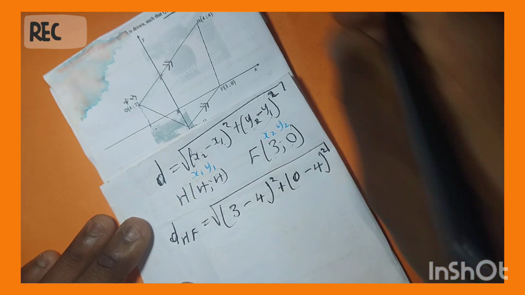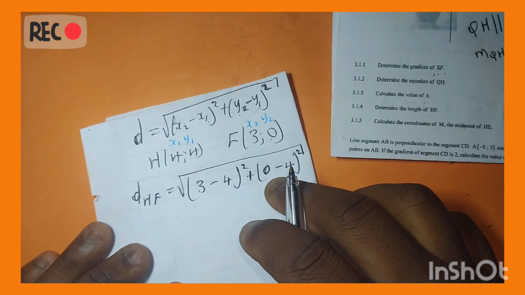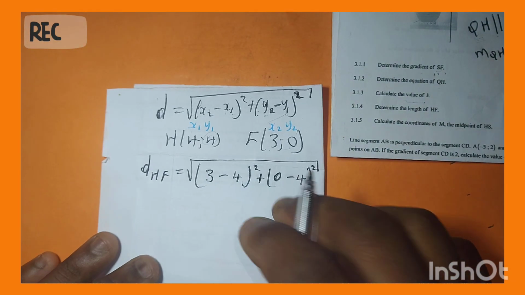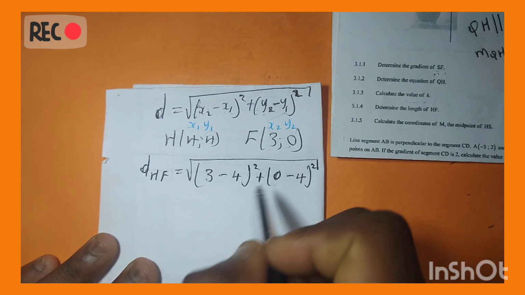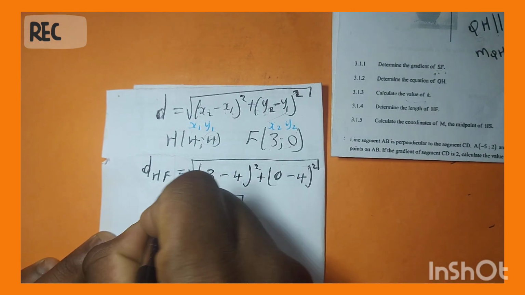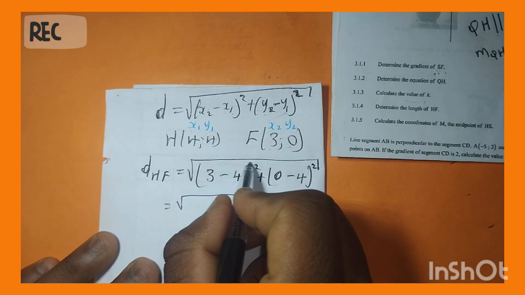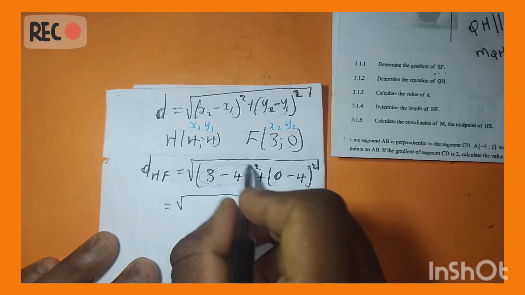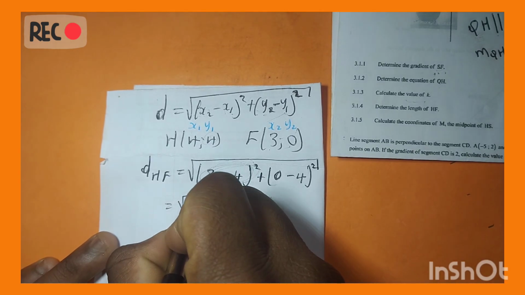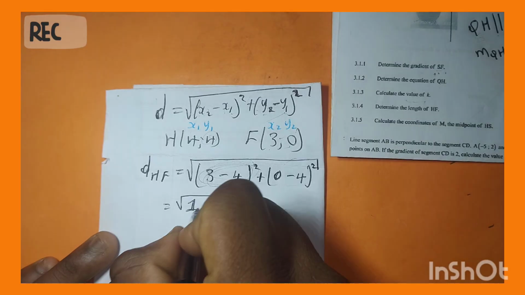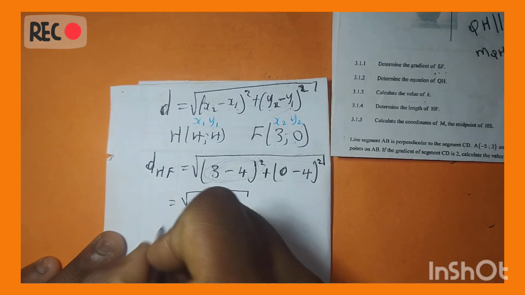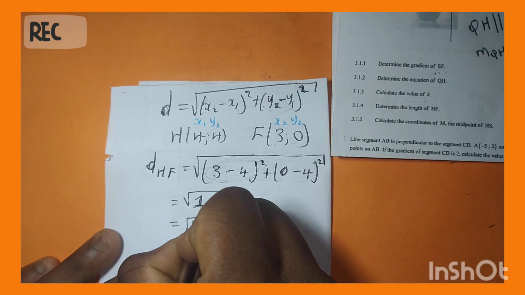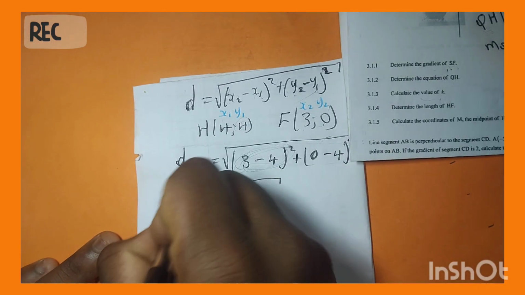So now I should press everything on a calculator, or you can press each part so that you go step by step. If I press only this on my calculator, I'll just get 1. Only press that one, and they will give you 16. And now your final answer will be √17, just like that.